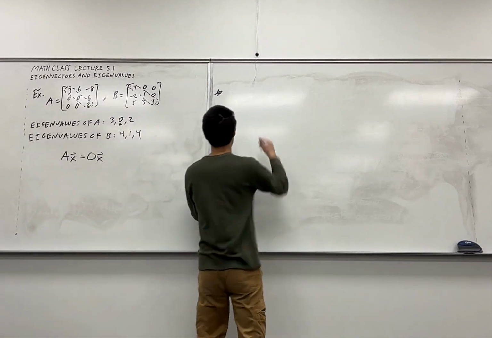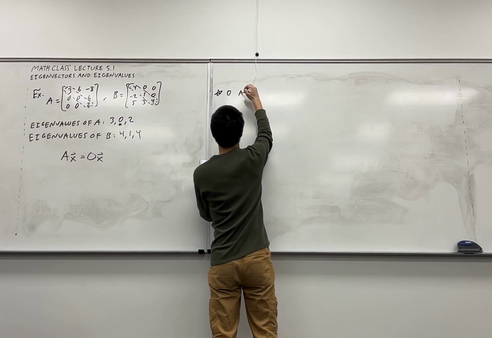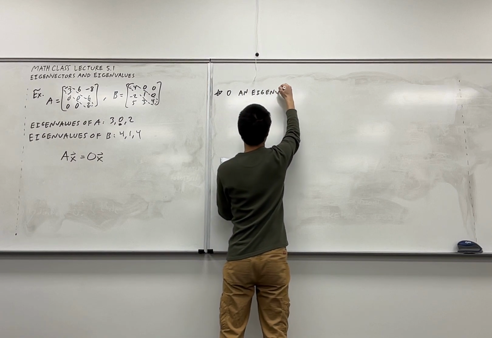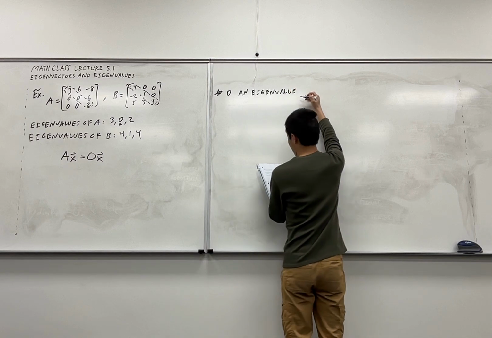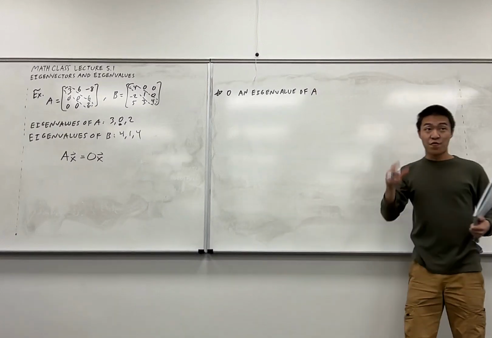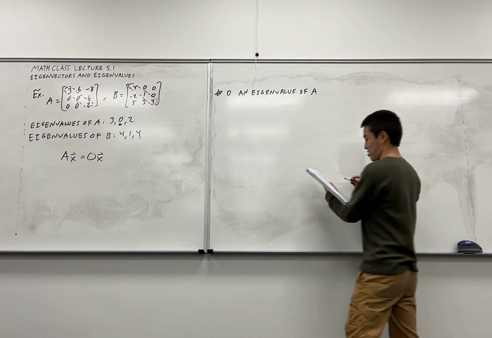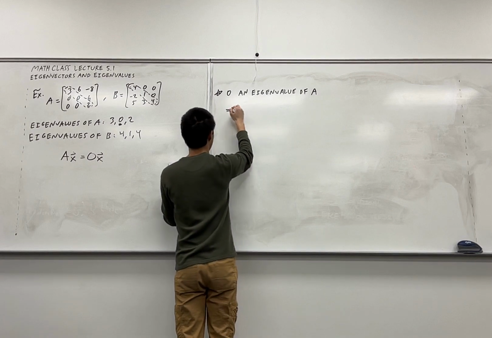Let's take a look. If I have 0 as an eigenvalue of my matrix A, this is where knowing the full definition becomes obviously important, because it does affect things.